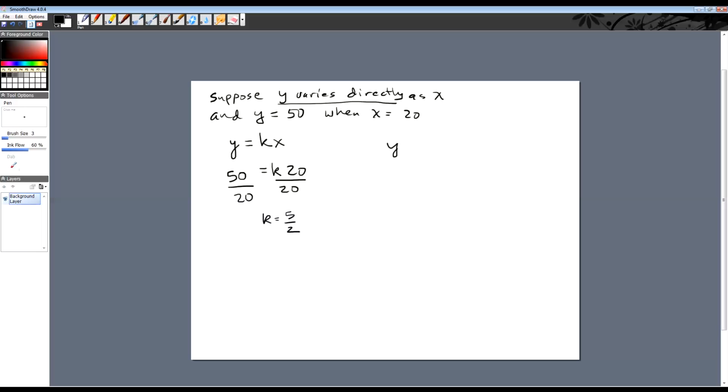If the formula becomes y equals 5/2 times x, you simply plug in the value 14 for x to solve for y. So 5 times 14 divided by 2 is 35.